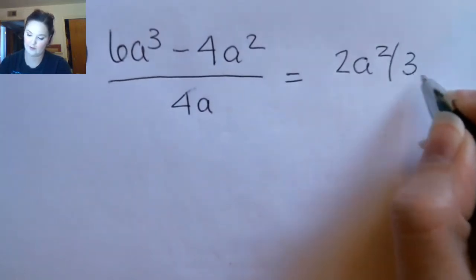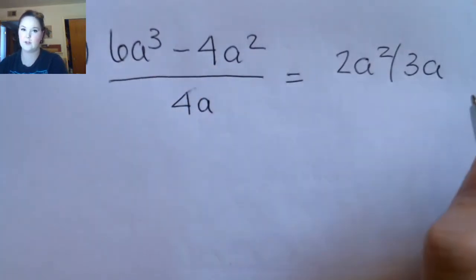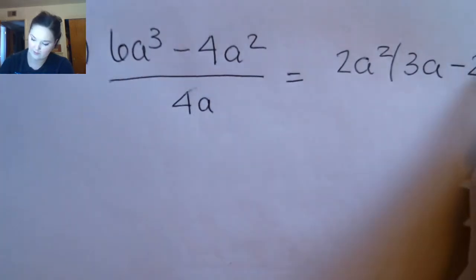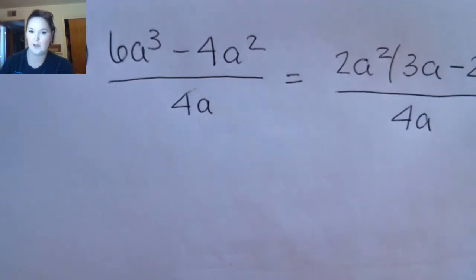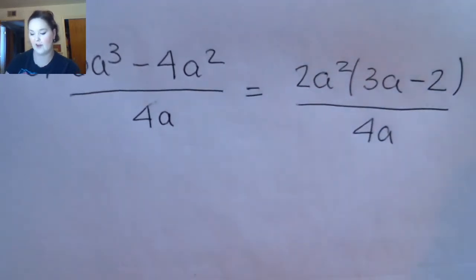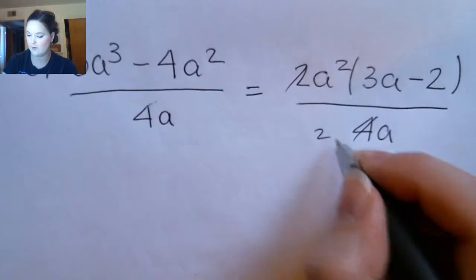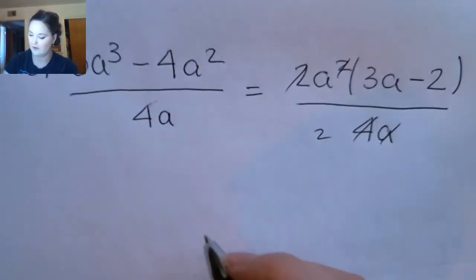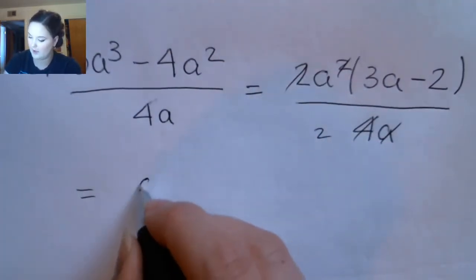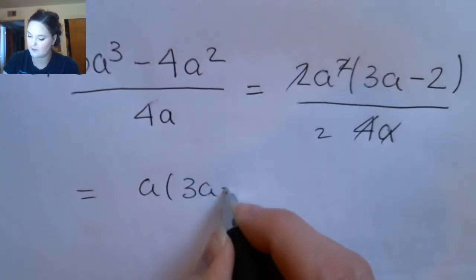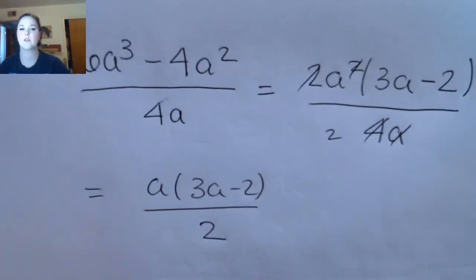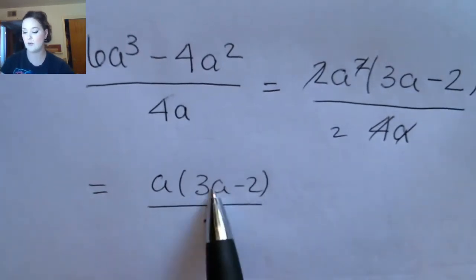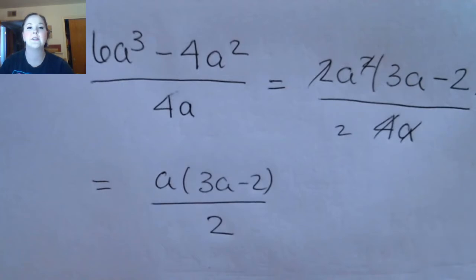So that leaves me with 3a from the first term and minus 2 from the second term. And now I can cancel the common factors here. I have a common factor of 2, and I have a common factor of a. So that leaves me with a times 3a minus 2 over 2. And you're welcome to just leave your answer in this format. Certainly you could multiply this back out, but you don't really need to do that. You can leave your answer like this.